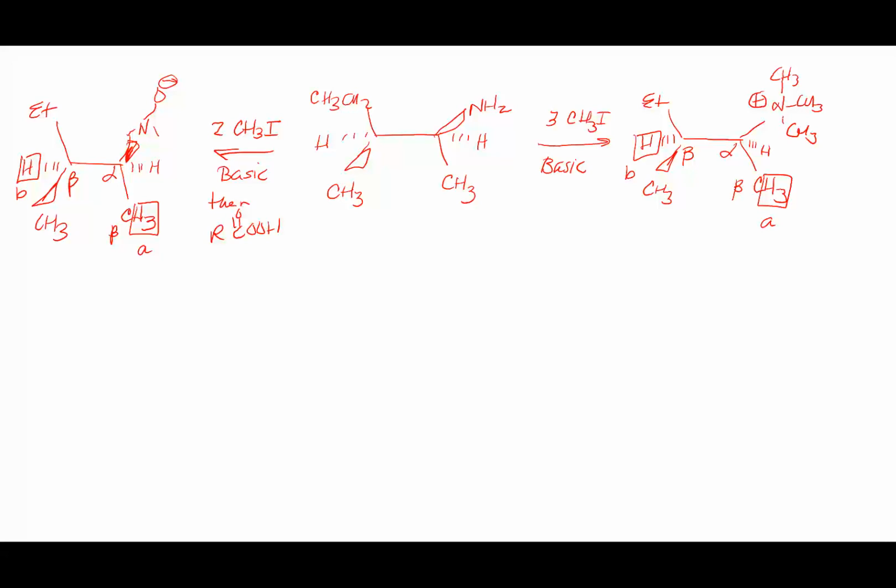Okay, let's see what we got. 22 A's. Correct. I'm going to remove the hydrogen that forms the least substituted alkene.